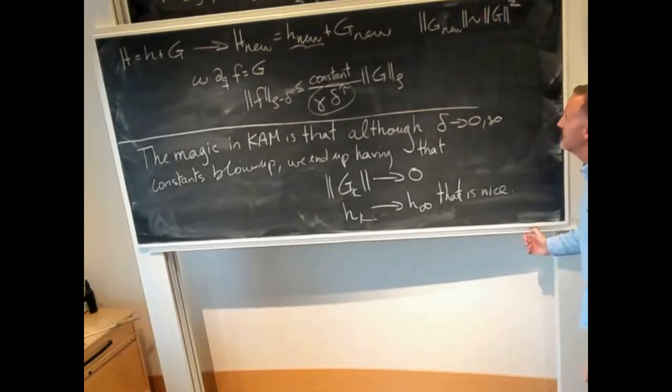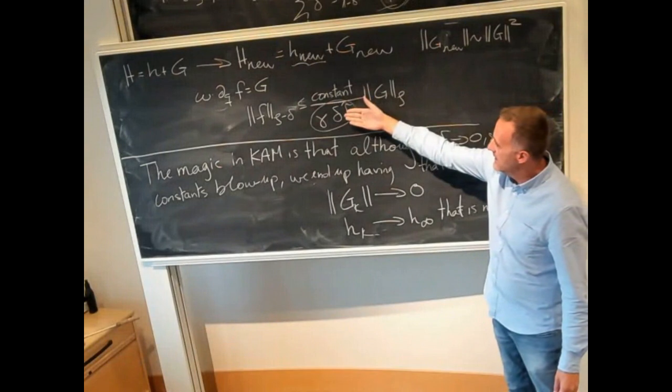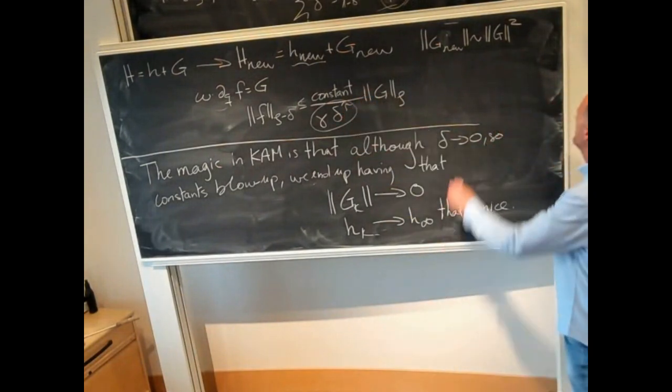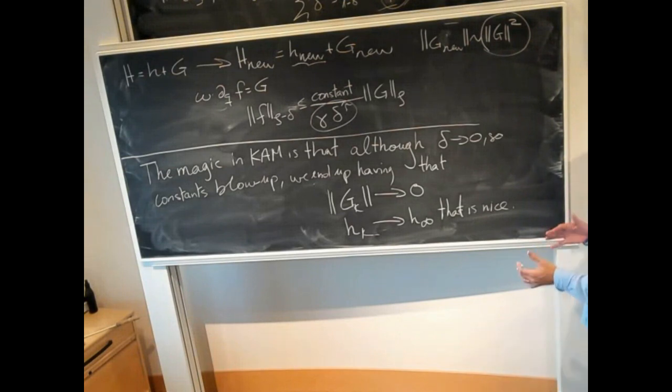And this magic appears, and I will explain why, because although we are paying the price of always dividing by this, at each step we have the square. So although the constants deteriorate quite rapidly, the square allows us to be very fast.